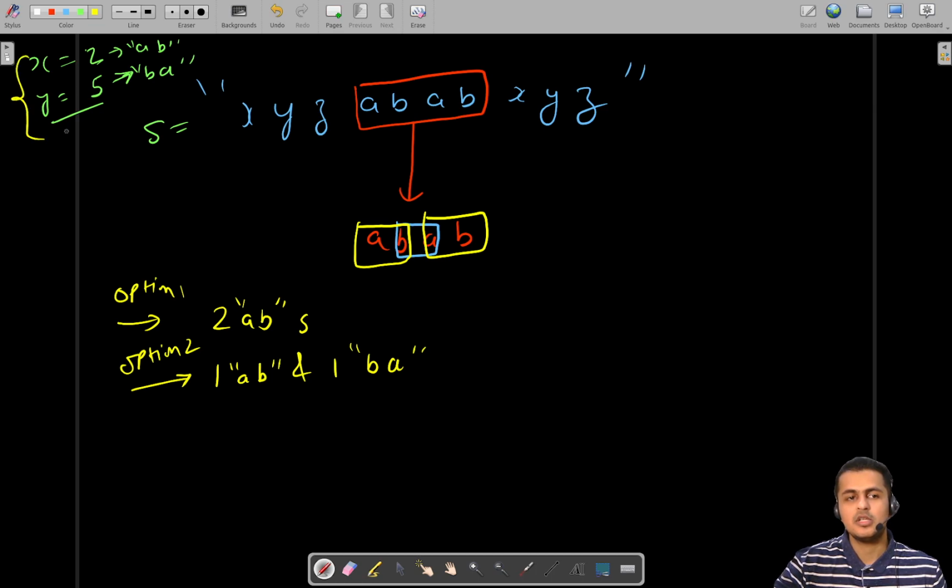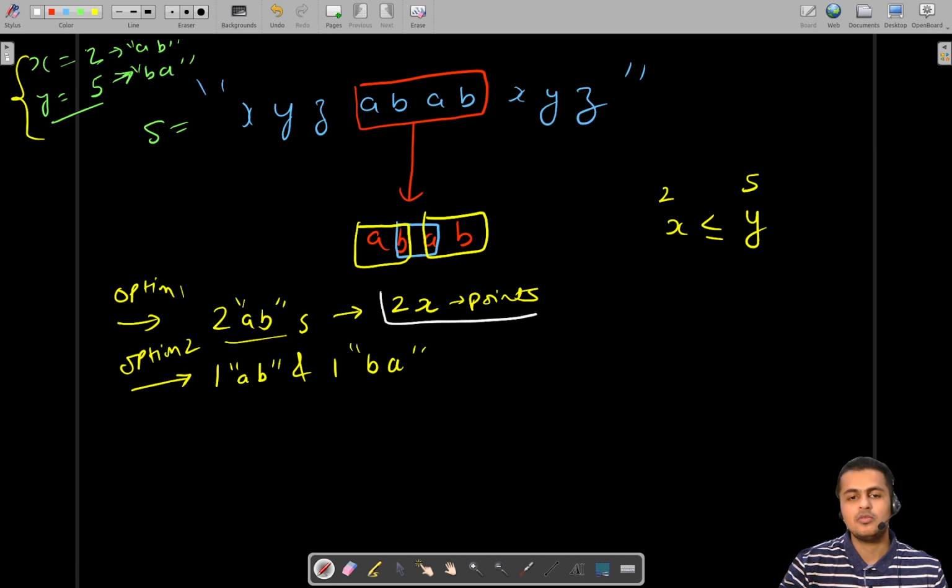Let's consider this situation only. Here, as you can see, your x is less than or equal to y. So it's 2 and 5. If you remove two "ab"s, you will get 2x points. That is if you go with option 1. And if you go with option 2, you will get x plus y points.